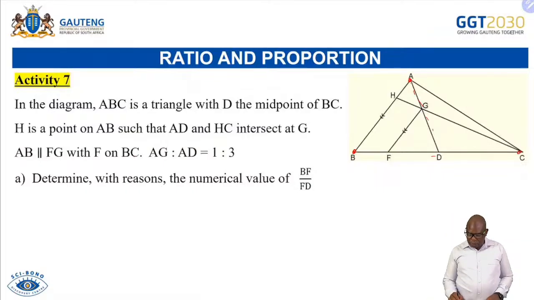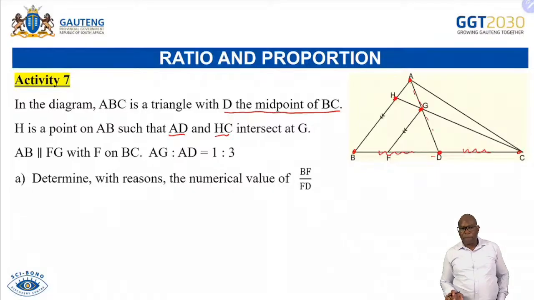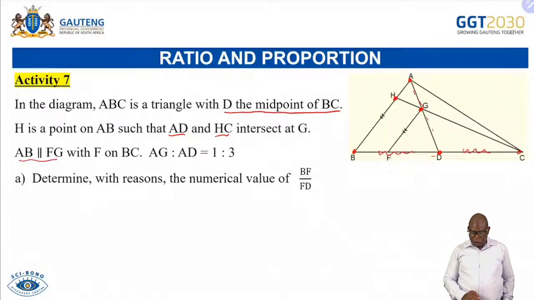H is the point on AB such that AD and HC intersect at G. And they said D is the midpoint of BC. Very important. D is the midpoint of BC, meaning that this line here will be the same as that line there. So whatever length I have for BD will be the same length as for DC. AB is parallel to FG, that I've already confirmed.